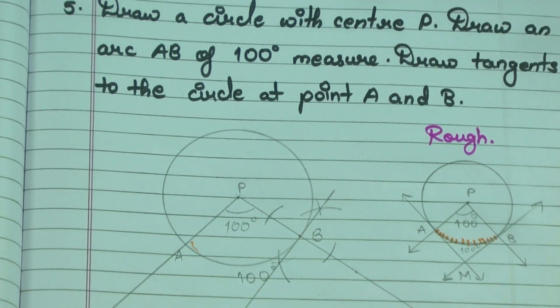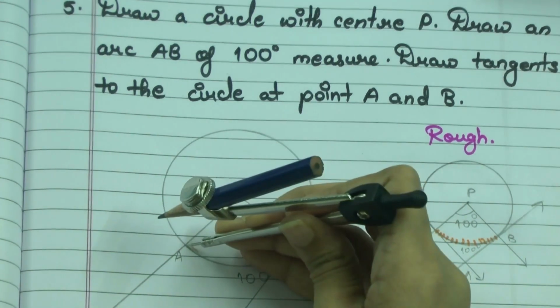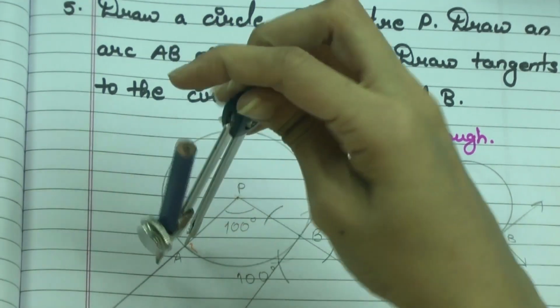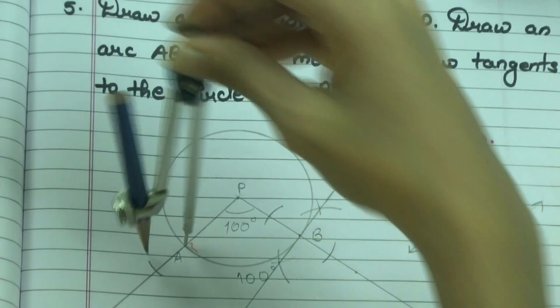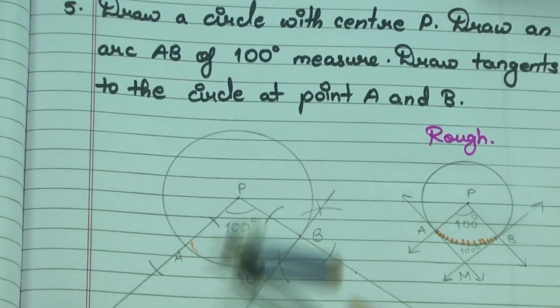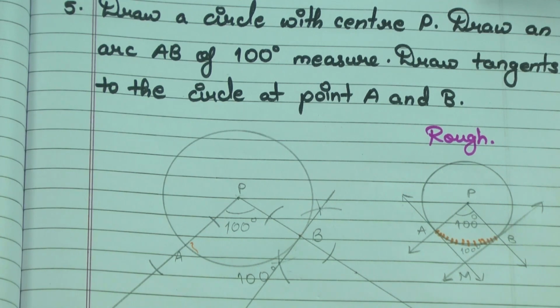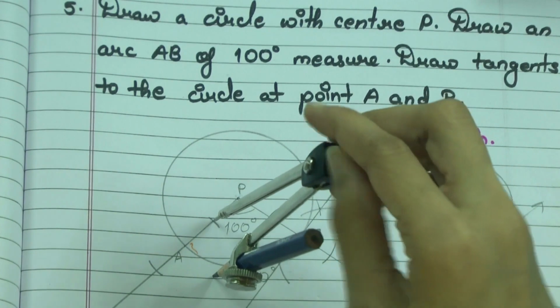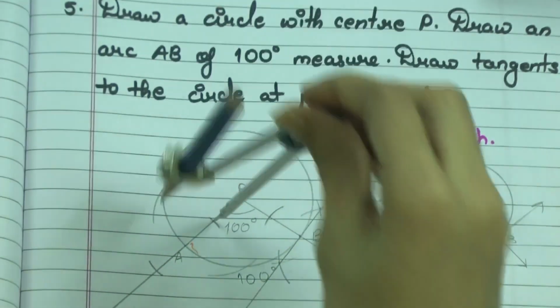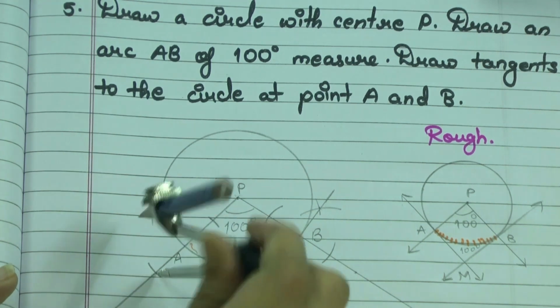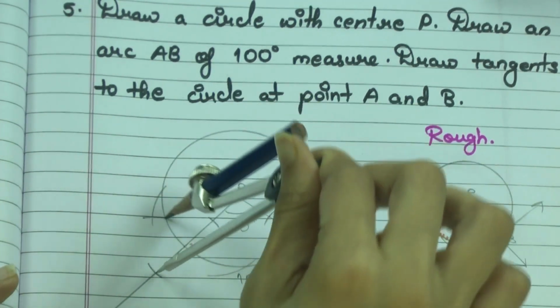Similarly, do the same steps for point A. Keep the compass and give an arc on one side of A. Yes, very good. Another side of A. Now, take more than half. Give an arc above and below. Keep the pointer of the compass on the other side.